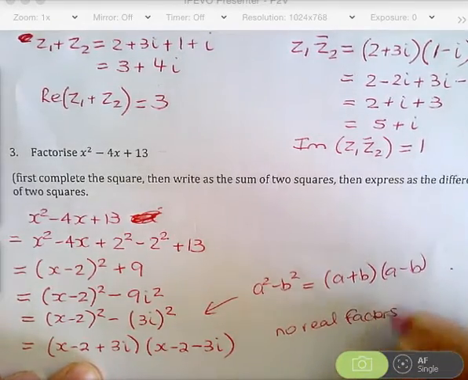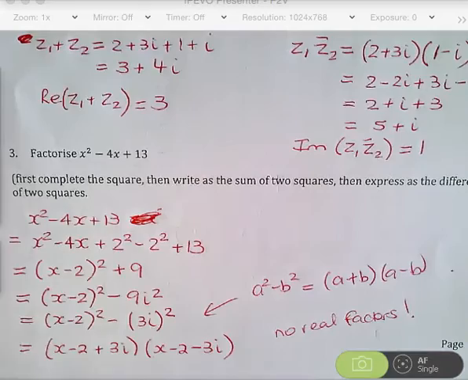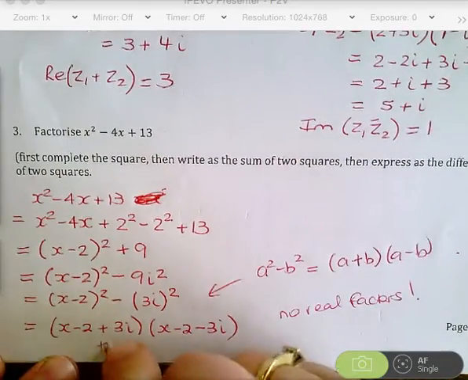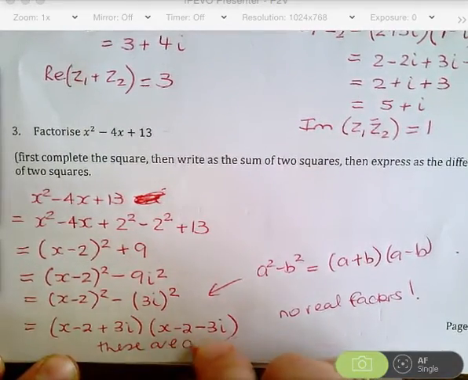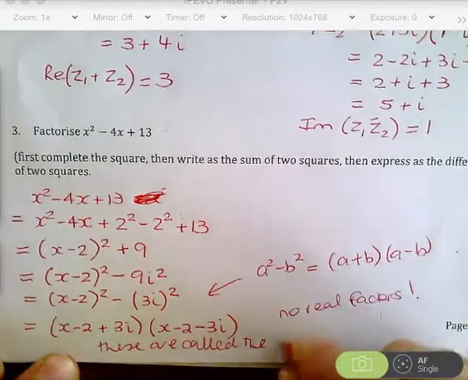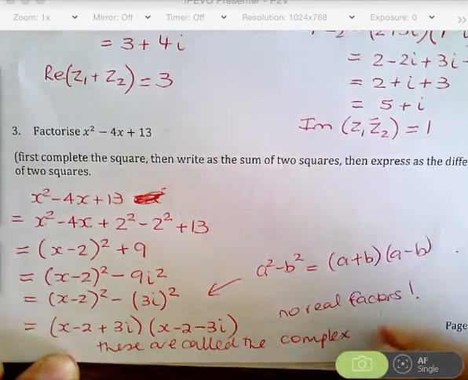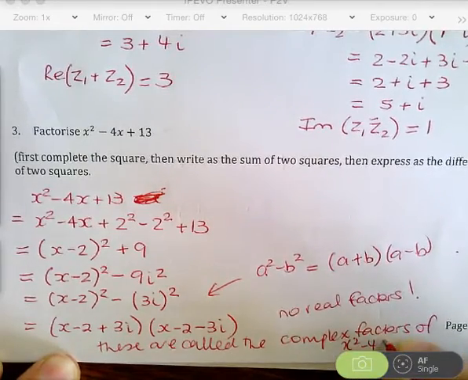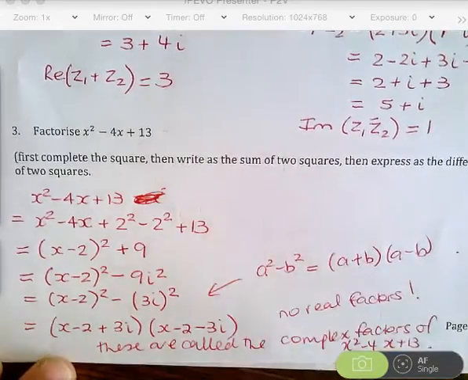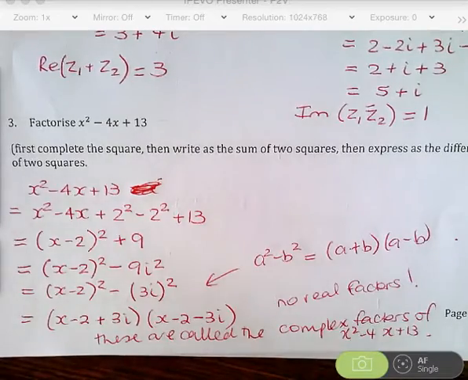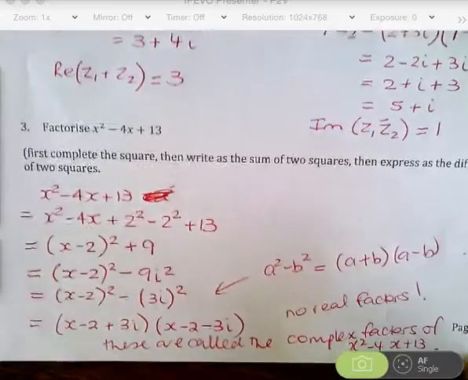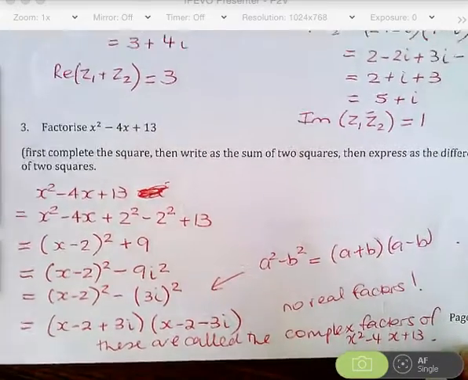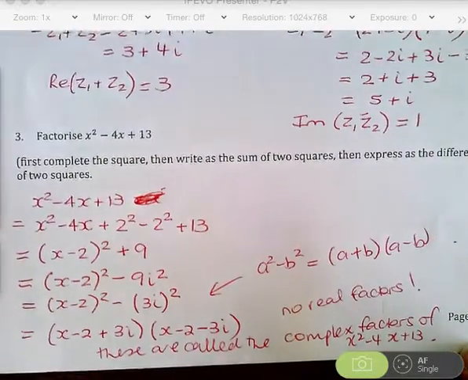They're complex. So basically these are called the complex factors of x squared minus 4x plus 13. Okay? So that's how you factorize that. So you can't say, sorry, can't factorize this anymore. We can. All right. That's it.